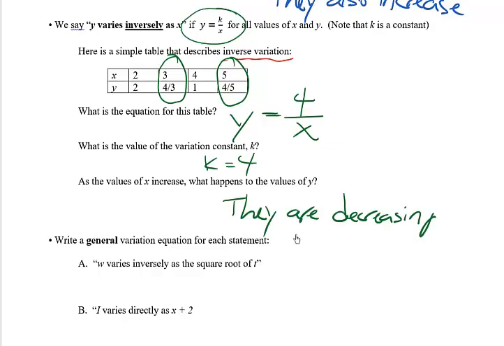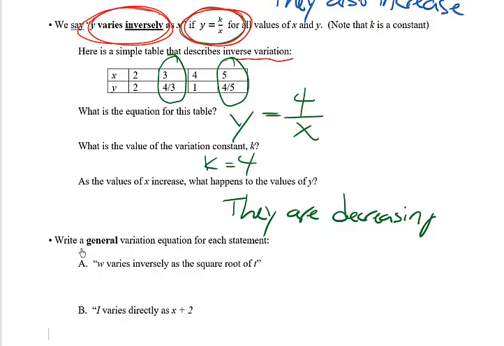With inverse variation, as one variable increases, the other variable decreases. Again, the main takeaway here is when you read inverse variation, you need to memorize this associated equation, y equals k divided by x.